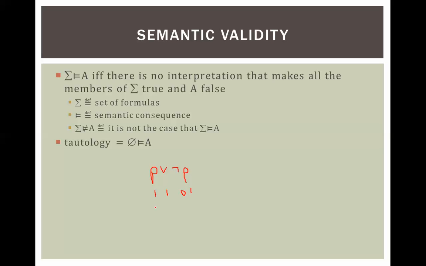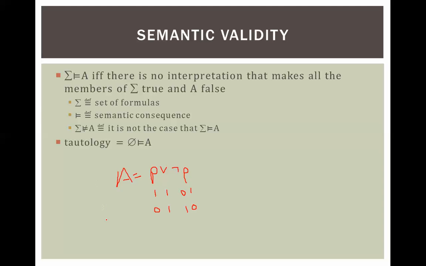And if I assign P as 0, then the not makes this a 1, so at least one of these two things is true, so this is true. There's no other way to assign P a value, so this whole thing, let's say that equals A.